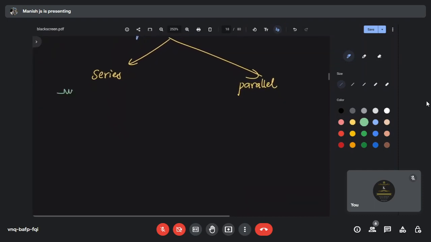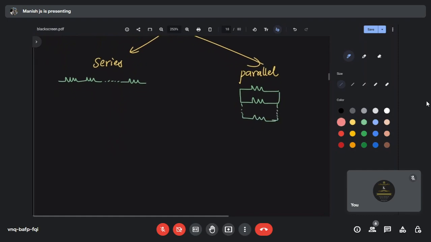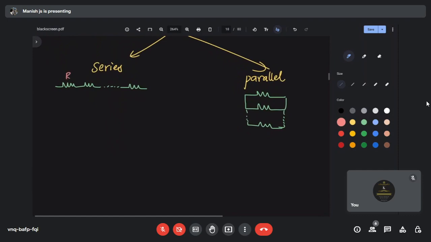In series, the resistors are connected one after the other: R is equal to R1 plus R2 plus R3 and so on. In parallel, the resistors are connected one below the other: 1 by R is equal to 1 by R1 plus 1 by R2 plus 1 by R3.